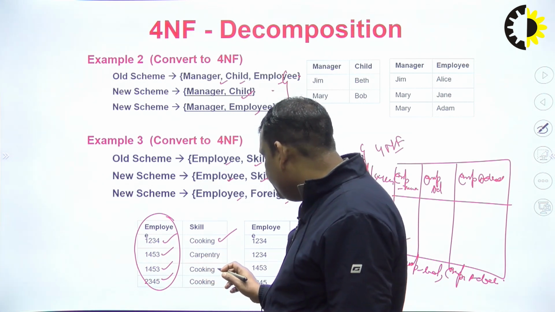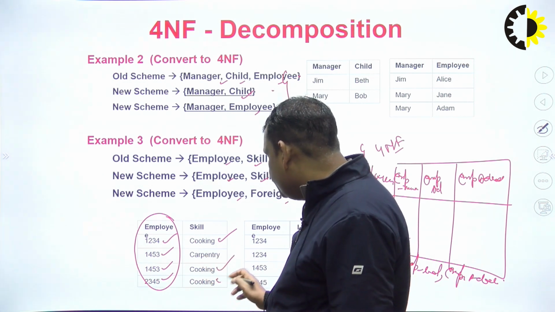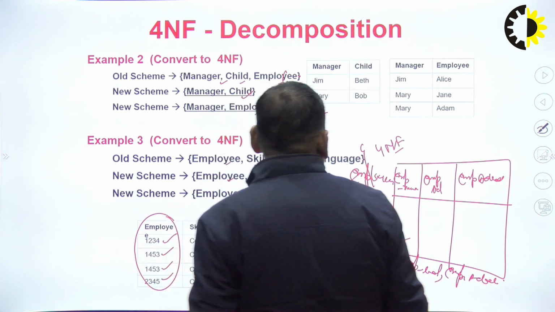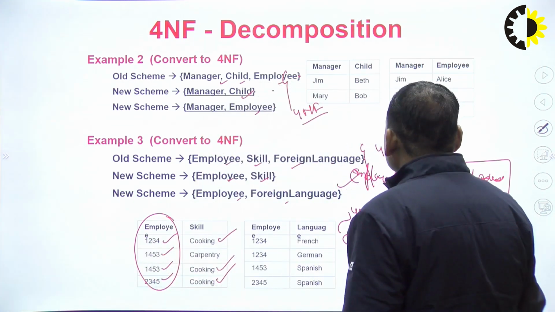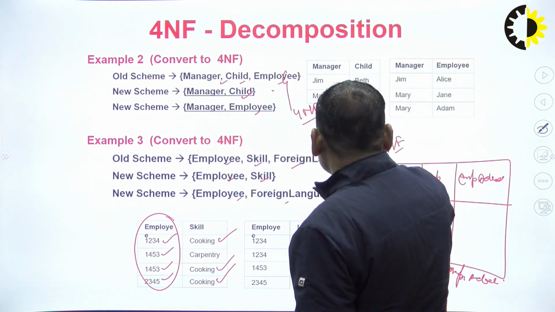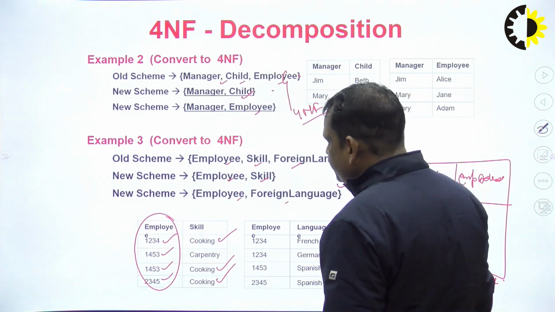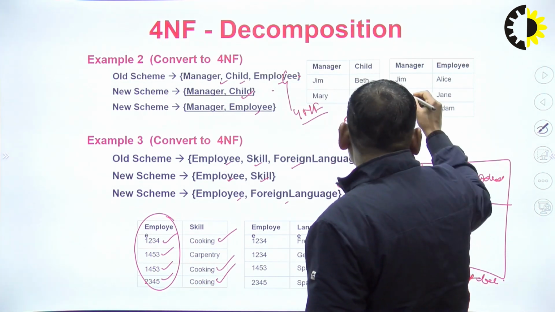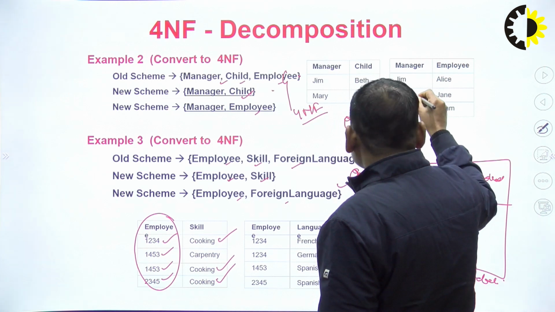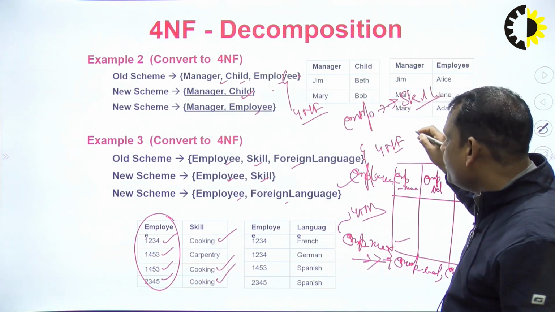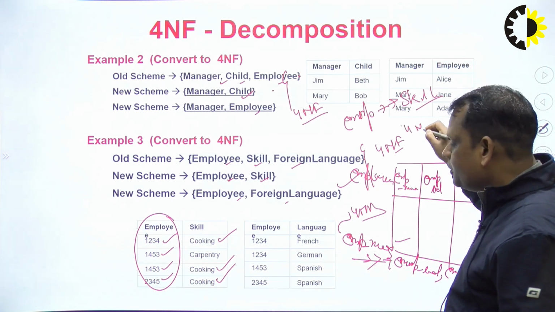So employee multi-value determines skill. This is also called the fourth normal form.